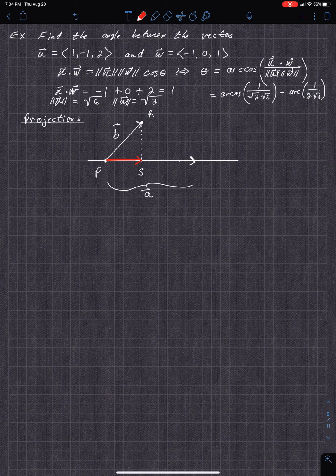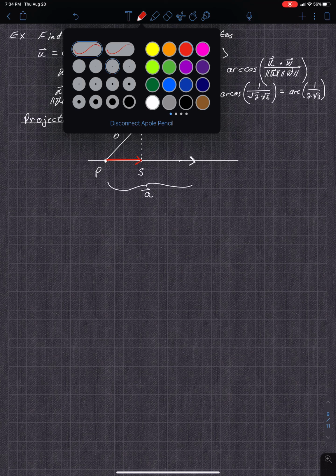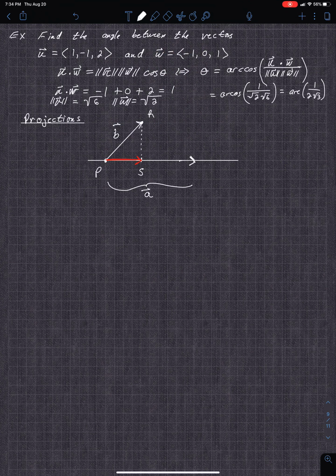And that'll be considered the projection of B onto A. Okay, so that's the concept of projection. So let's take a look at this question. So we have vector PR, or B, we'll just call it B. And we have vector PS.